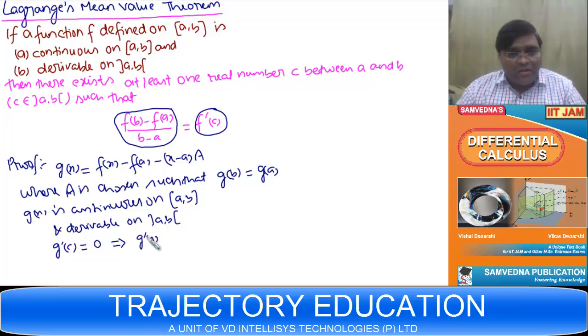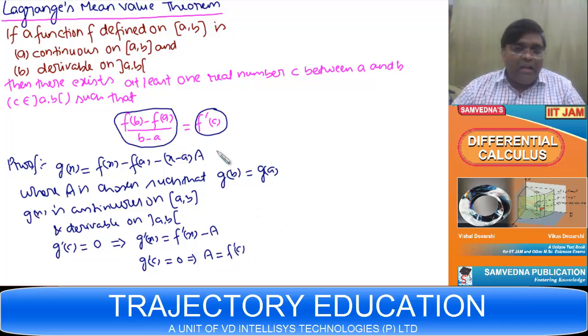Or I can say, you can find g'(x), g'(x) is f'(x) minus A, or I can write g'(c) is 0 means A will be equal to f'(c), and A has been chosen in such a way that g(b) is equal to g(a).